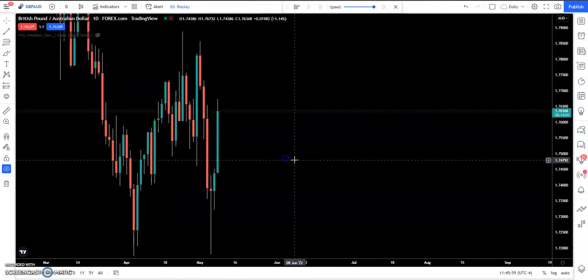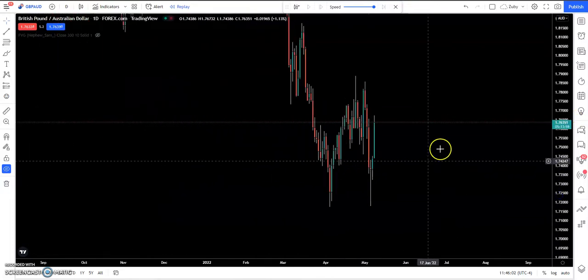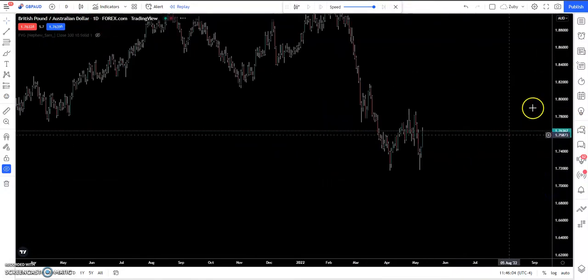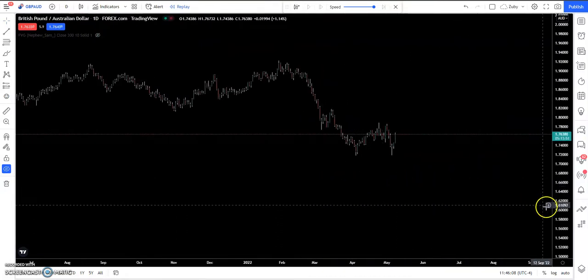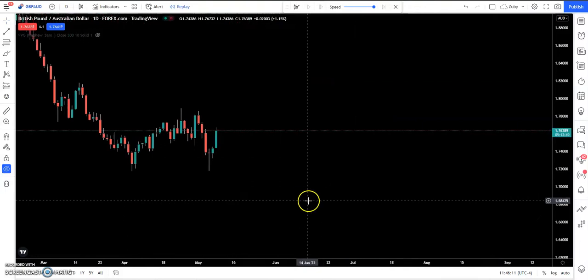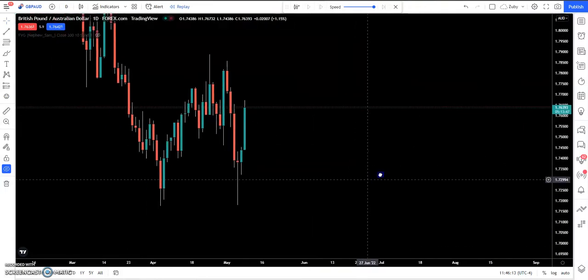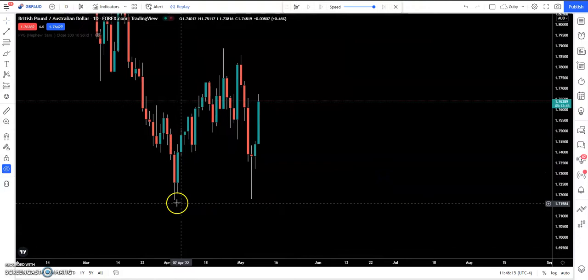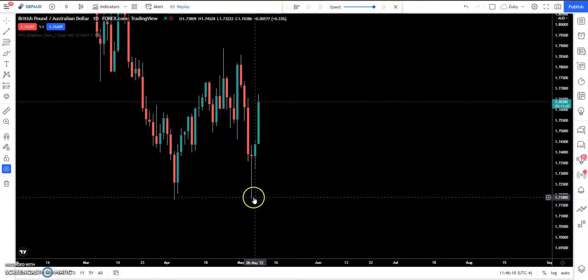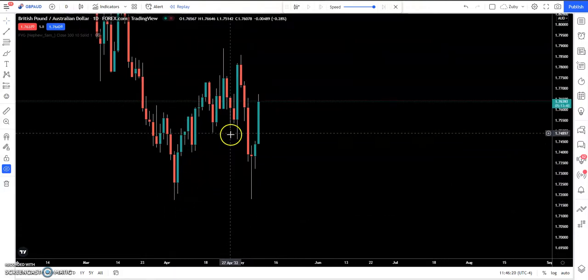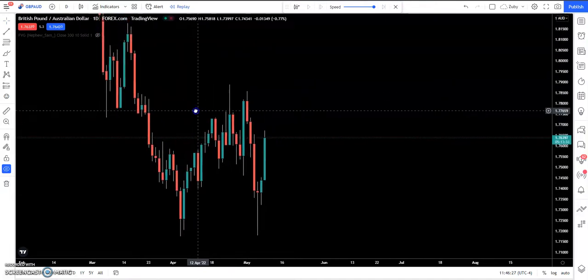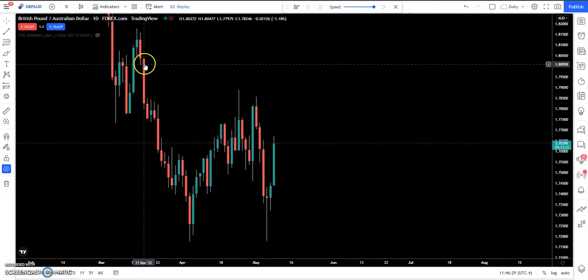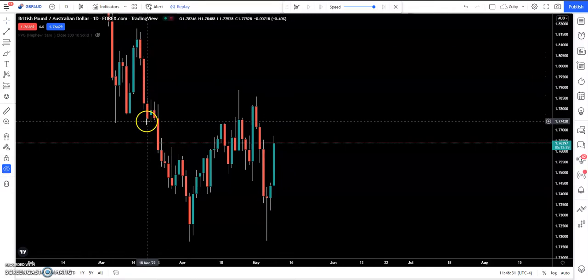So as you can see, GBPAUD is in a downtrend, and it has been for quite a while. Looking at what happened just recently, I can see that we have relative equal lows right here, and I can see a break of market structure here, which I think was validated because we had the break of structure here.